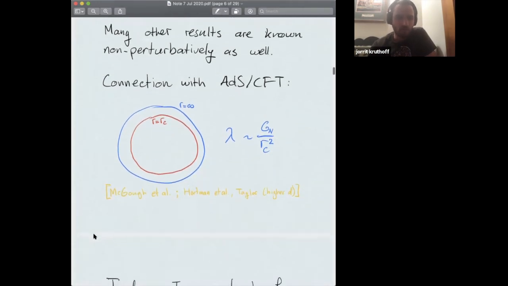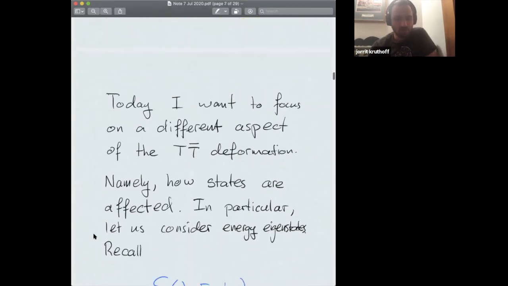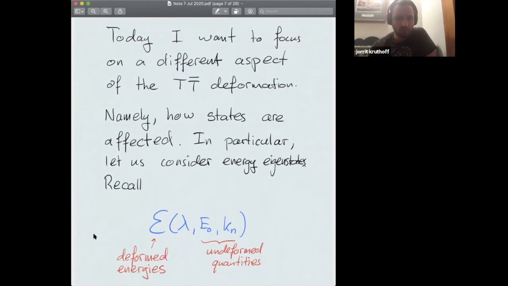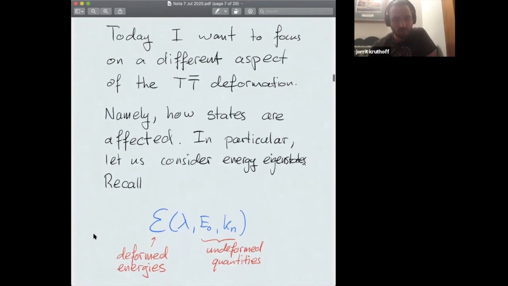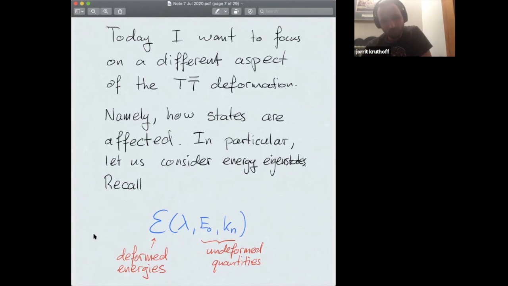Instead, what I want to focus on today is a different aspect of the TTbar deformation. It's about how states are affected under the deformation. I told you about how these energy levels change, and there are also other results, but what wasn't known is how these energy eigenstates get changed under the flow.